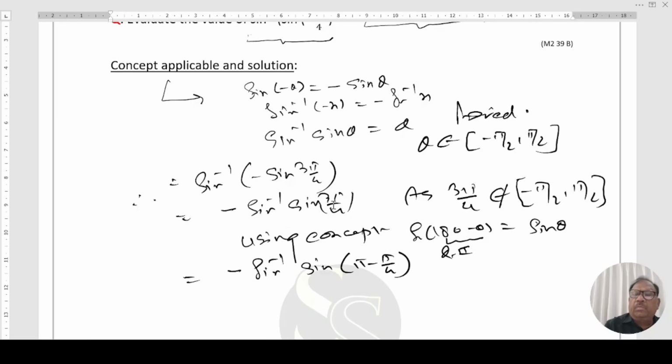If we go back, we get 3 pi by 4. That is minus sine inverse of sine pi by 4.